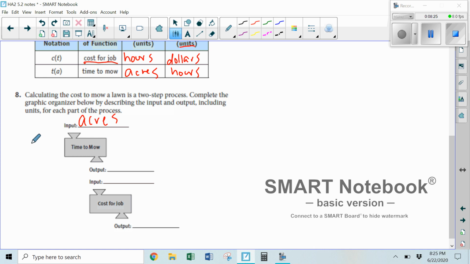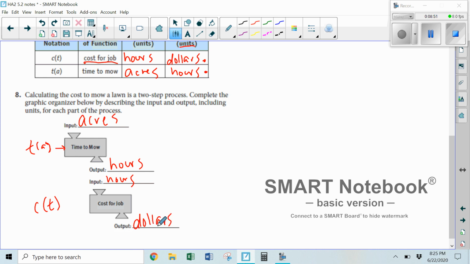Remember, this is our T of A function. When I put in acres, I get an output of hours. And then my next function, or part 2, the input is hours. And the output was dollars.